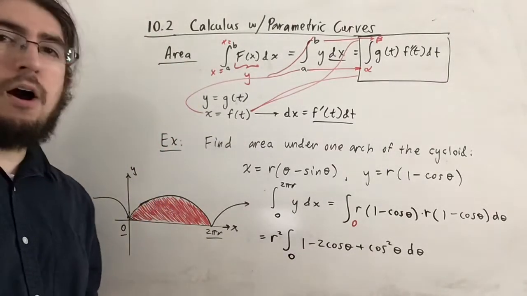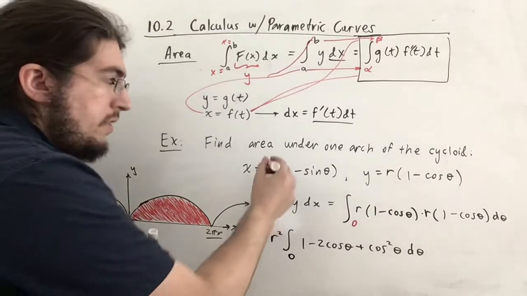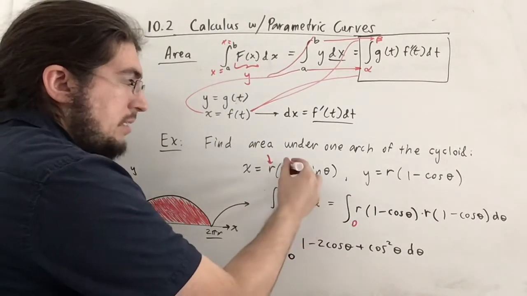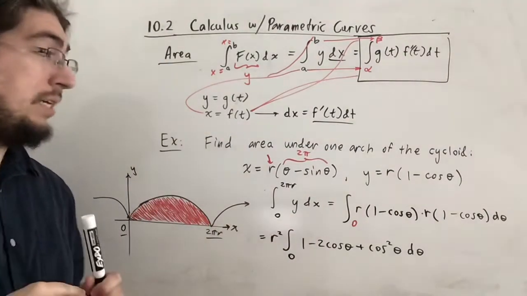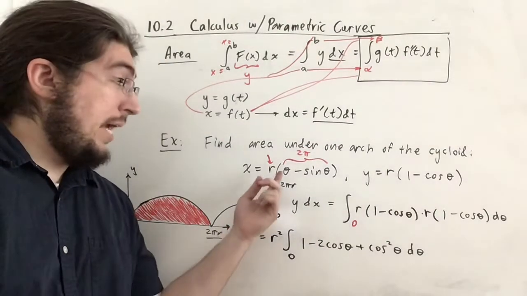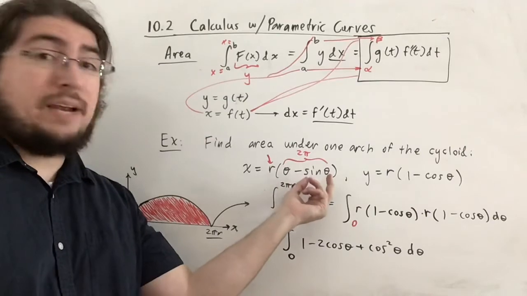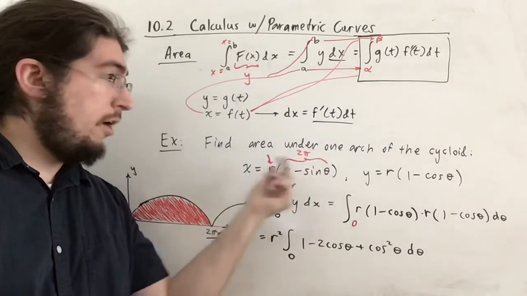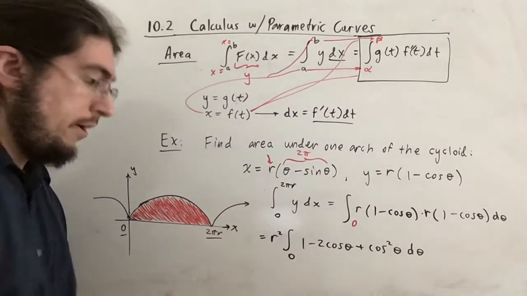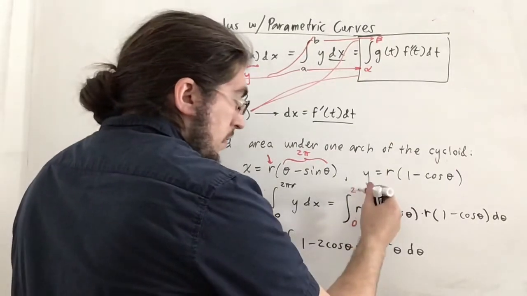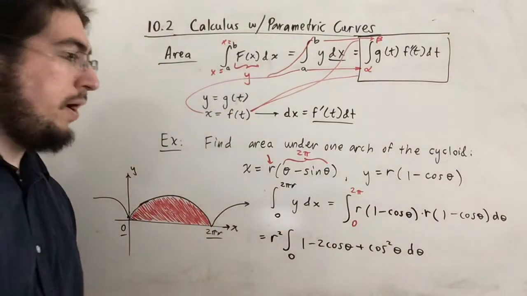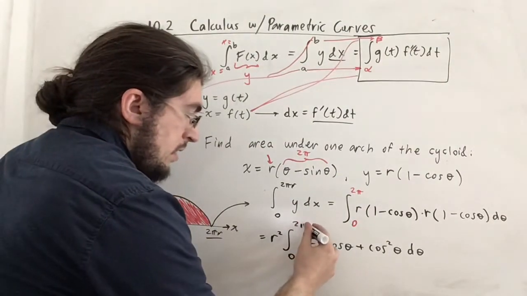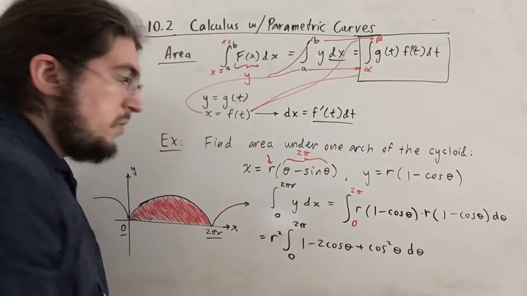What about 2 pi r? Well, in order for it to be 2 pi r, this r is kind of safe in some sense. And this would have to amount to 2 pi. Now the nice thing here is when theta is 2 pi, this will be 2 pi minus sine of 2 pi, which is 0. So it'll be r times 2 pi, which is indeed 2 pi r. So this will have to have a theta value of 2 pi to make that 2 pi r. Perfect. So now we know what we're trying to do here.